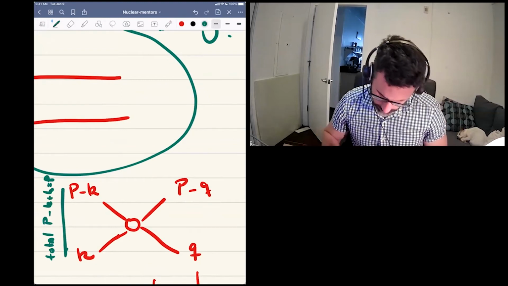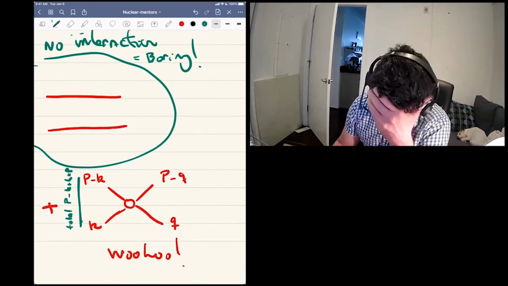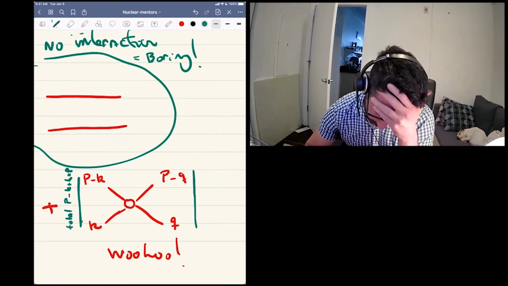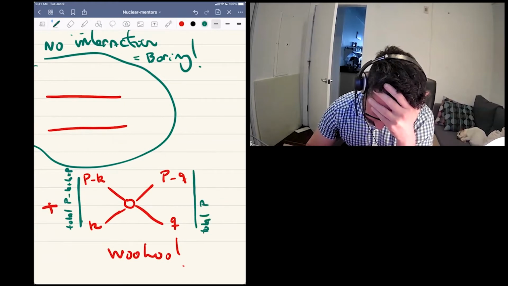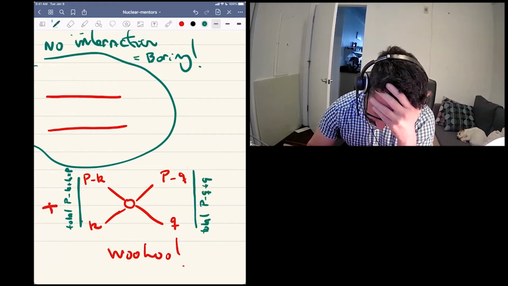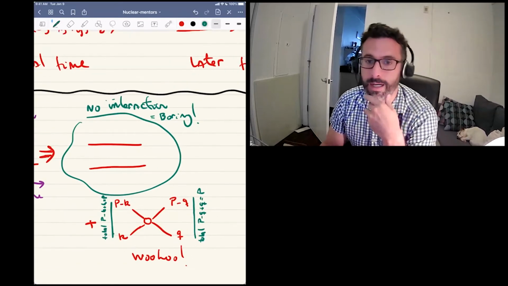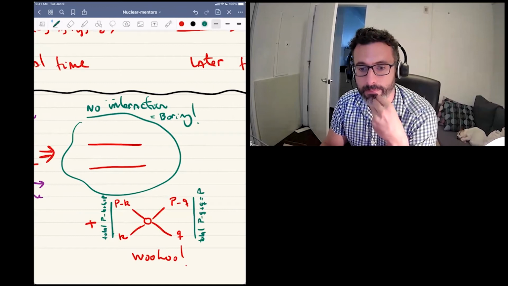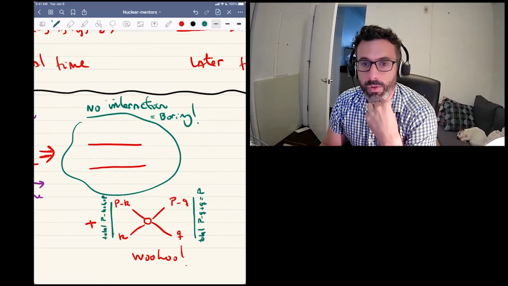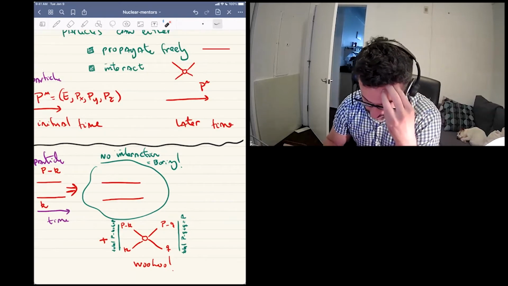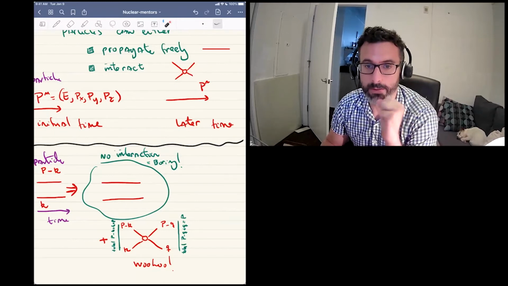And at the end, the total is equal to p minus q plus q, which is equal to p. I haven't broken anything. Very good. That's great. So this is my symbol for particles to interact once.